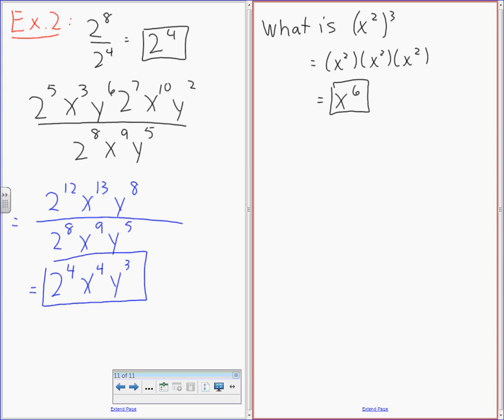Molly, I'd like you to be brave, please, and tell me an instant way I can get from x squared cubed all the way down to x to the 6. There's a way I can do it. Okay. So when you raise, this is called the power of power law, I believe.